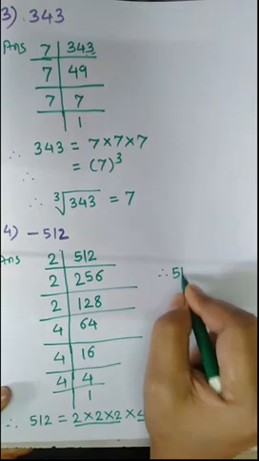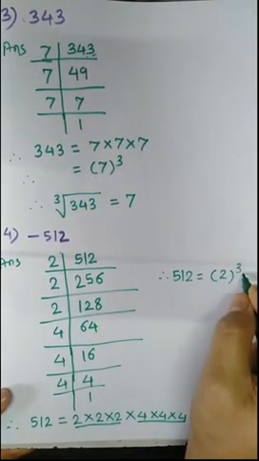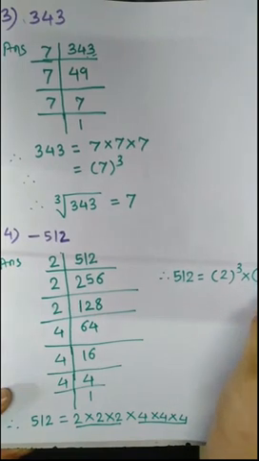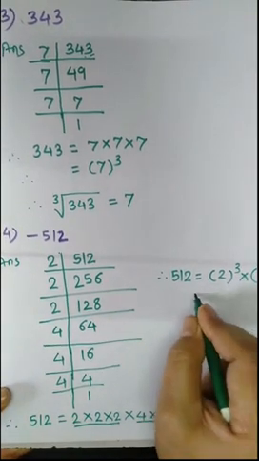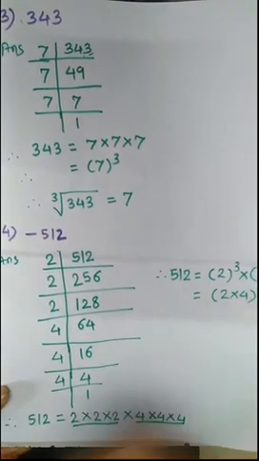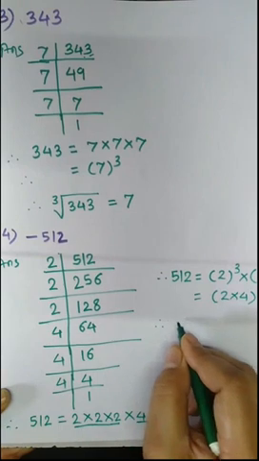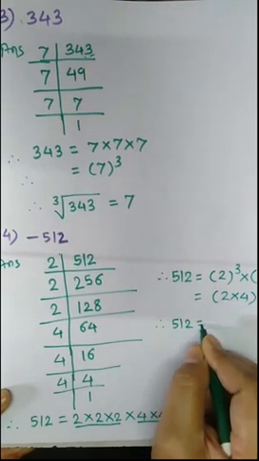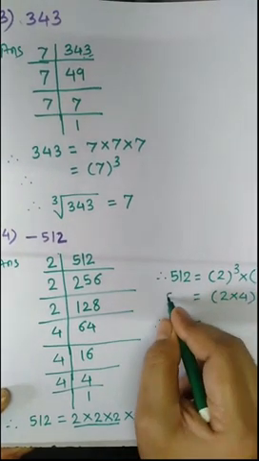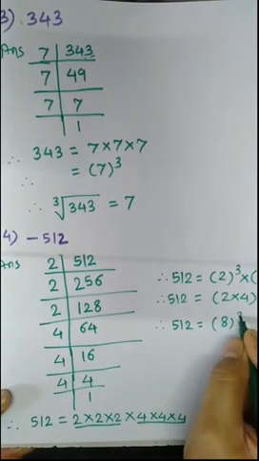Therefore 512 is equal to 2 cube multiplied by 4 cube. Now combine this. 2 multiplied by 4 cube. So therefore 512 is equal to 8 cube.